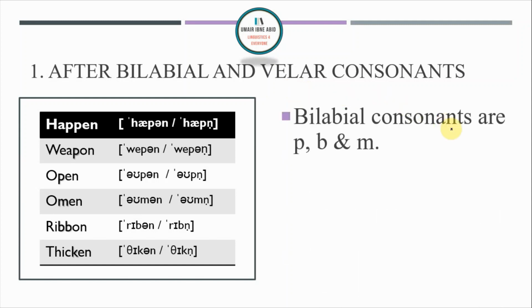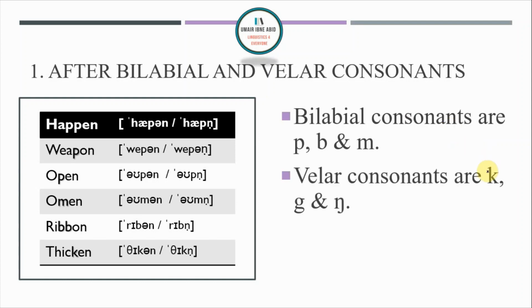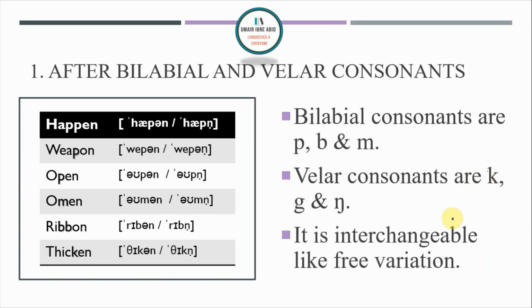Bilabial consonants are p, b, m, and velar consonants are k, g, ng. In such cases you can say it is like free variation, where one may pronounce n as syllabic, or one may pronounce n as non-syllabic. In both cases this is called free variation, and in free variation the meaning does not change.